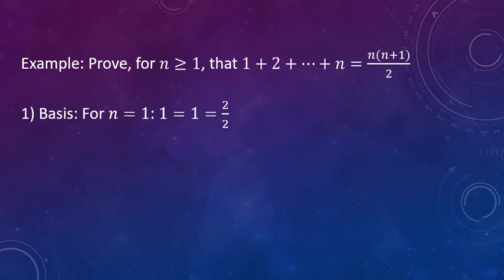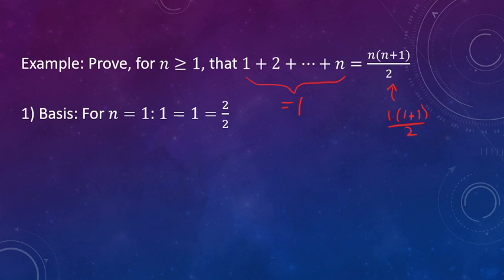Well, if n is equal to 1, then the sum of the first 1 positive whole numbers is just the sum of 1, which is 1. And if I plug 1 in for n on the right-hand side, I get 1 times (1 plus 1) all over 2.